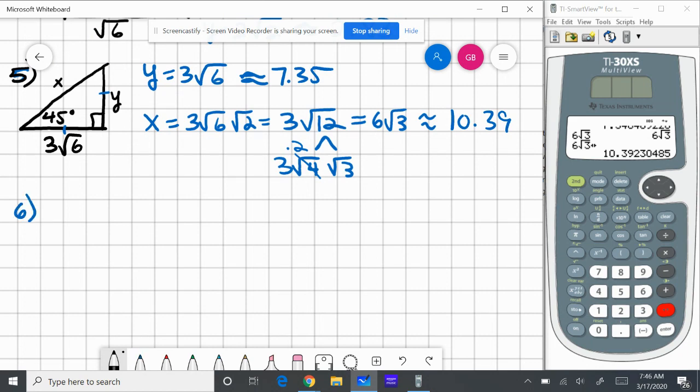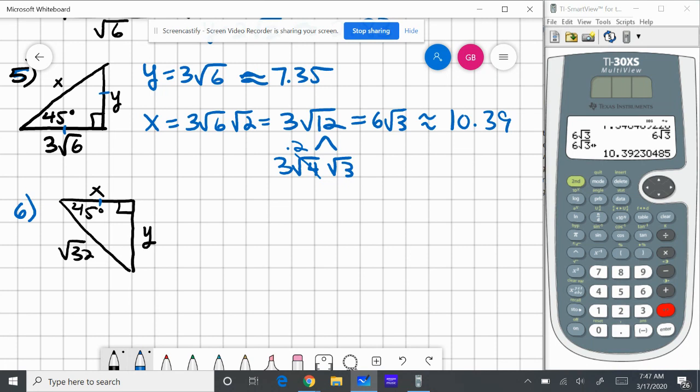Number 6. Okay, another 45, 45, 90. We have the hypotenuse.